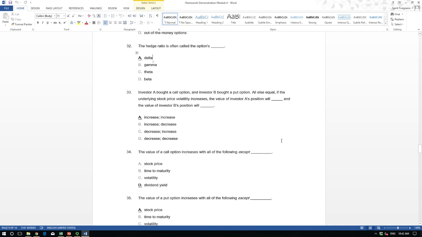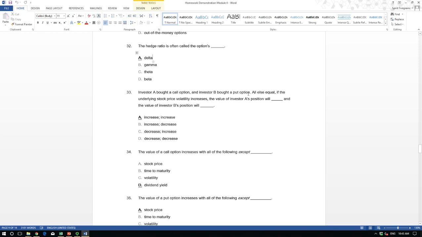Number 33. Investor A bought a call option, B bought a put option. All else equal, if underlying stock price volatility increases, the value of investor A's position will increase, and the value of investor B's option position will increase or decrease? So A bought a call option, which is a bullish position.